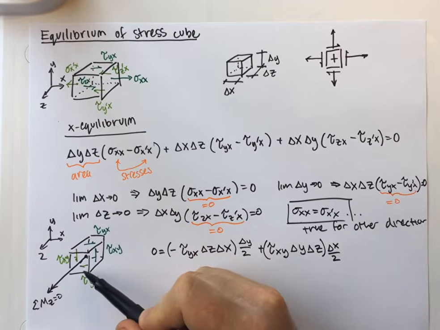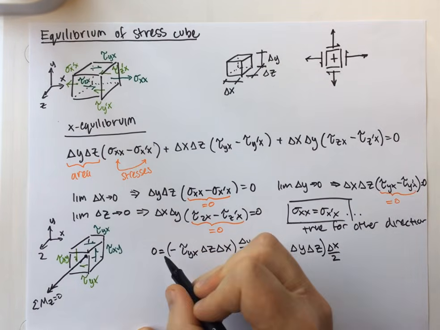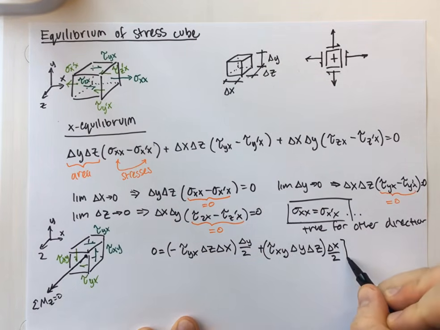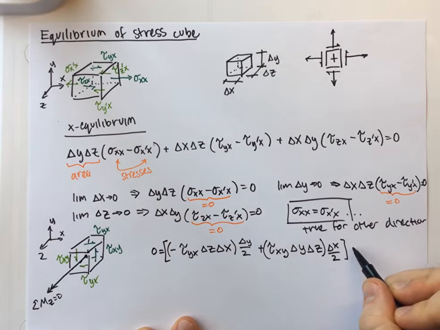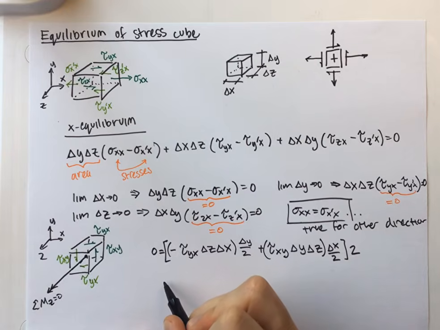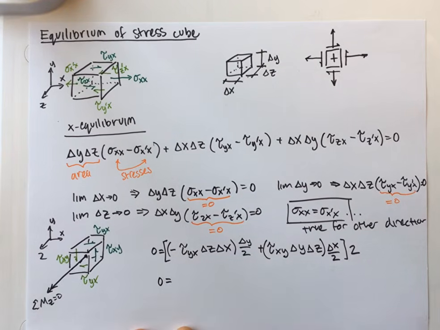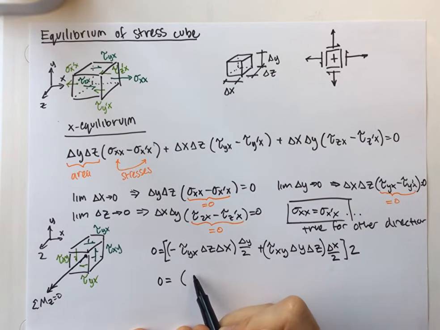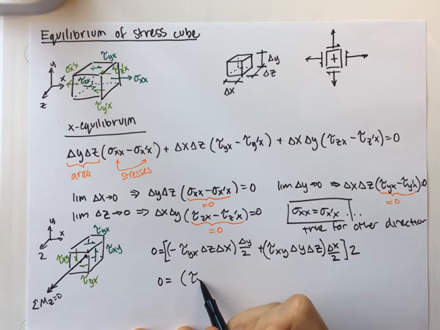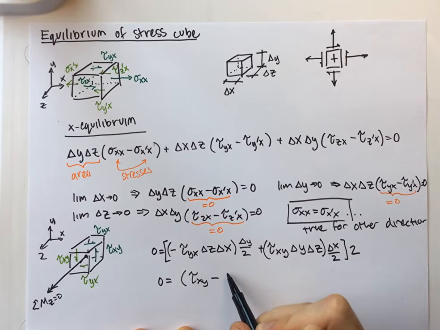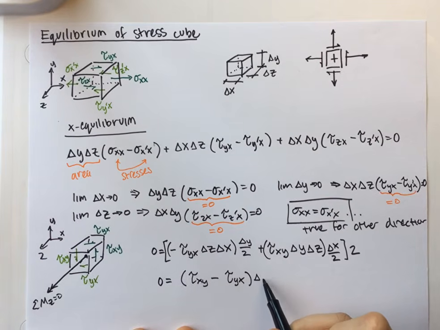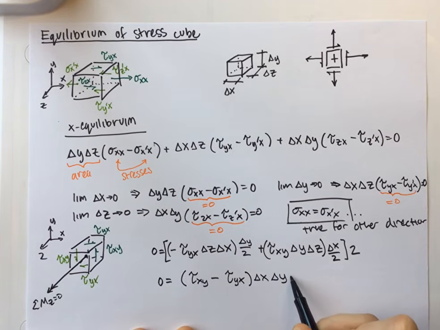One from this side and one from that side. So I can take all of that and multiply it by 2. And if I do that, we can do some algebra here. We're going to end up with tau xy minus tau yx, all times delta x, delta y, and delta z.